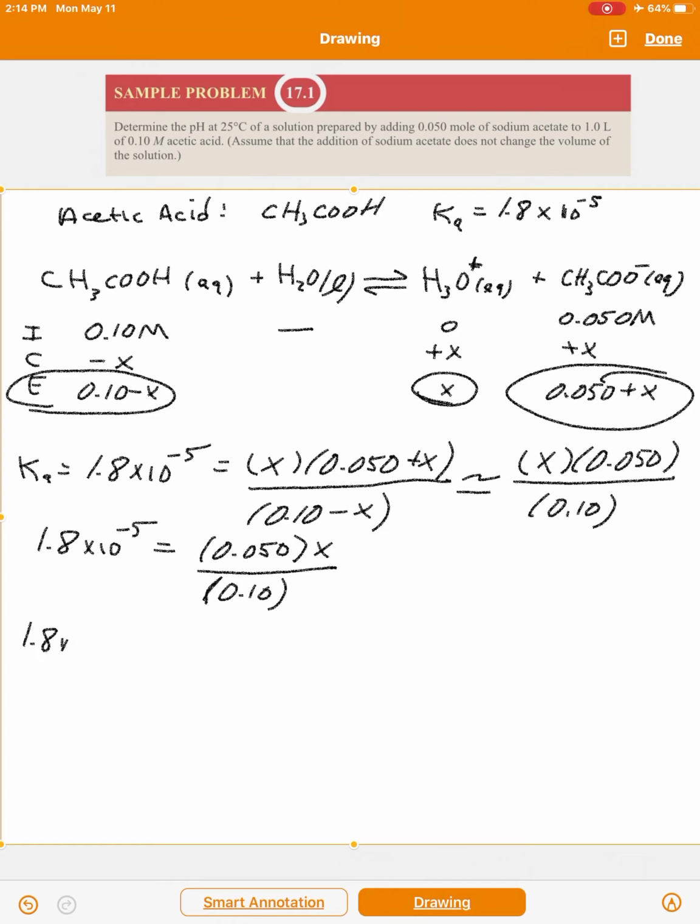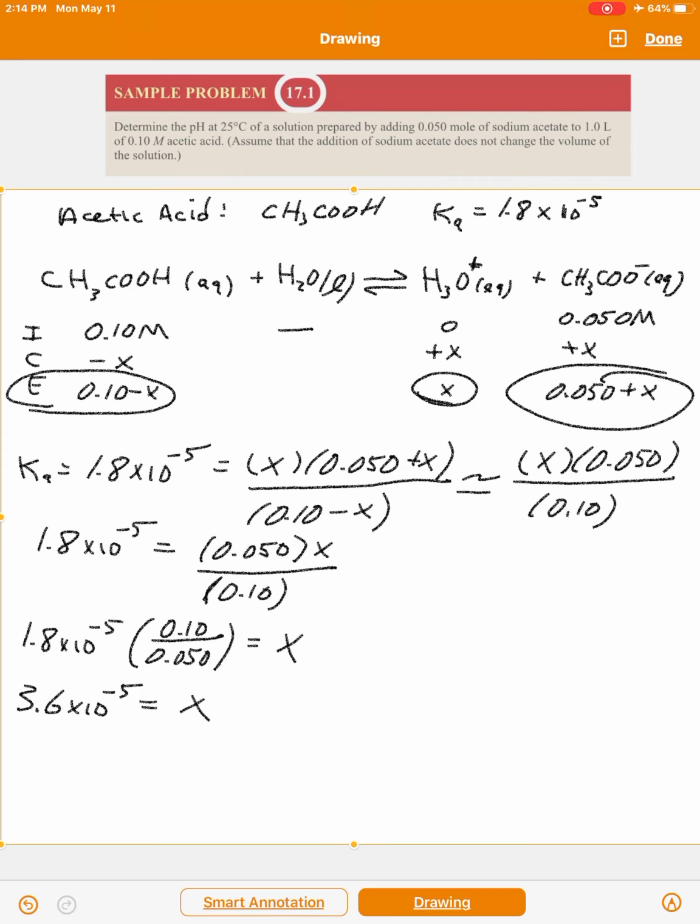So we would have 1.8 times 10 to the minus 5 times 0.10 over 0.05, and that would be equal to x. Well, 0.10 over 0.05, the authors of this problem made the numbers easy. 0.10 over 0.05 is 2. So 2 times 1.8 is 3.6. So 3.6 times 10 to the minus 5 is equal to x.